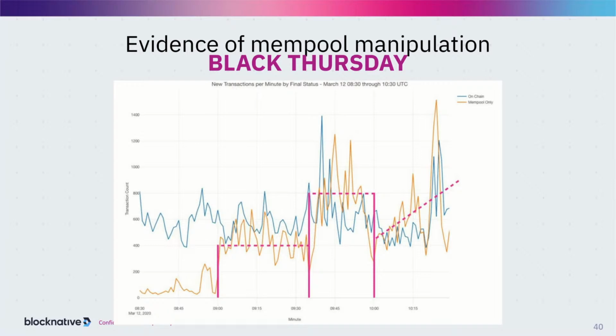So we see that it's relatively flat. Then all of a sudden we have this rapid increase in this first pink square. The rate of those transactions then doubled about 35 minutes later, and then dropped off a little before entering a linear escalation pattern at about 10 UTC.